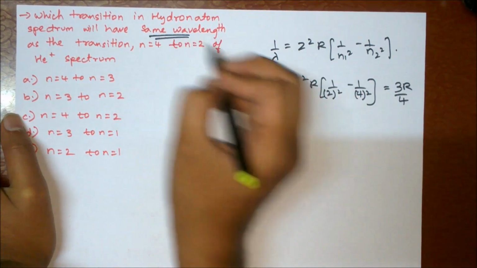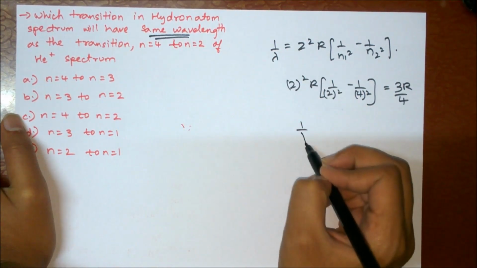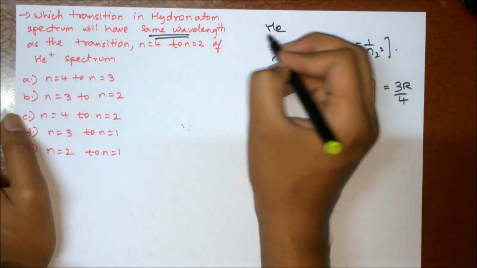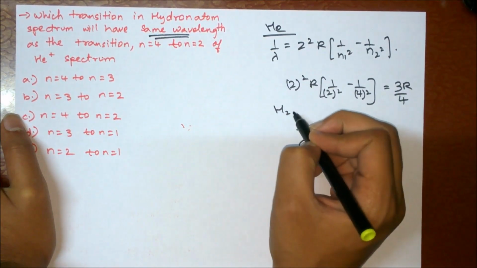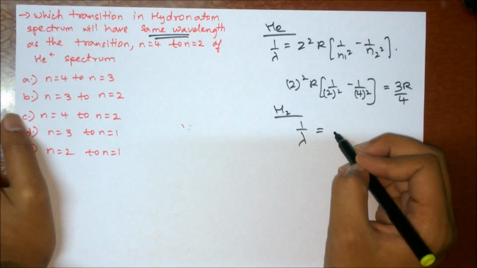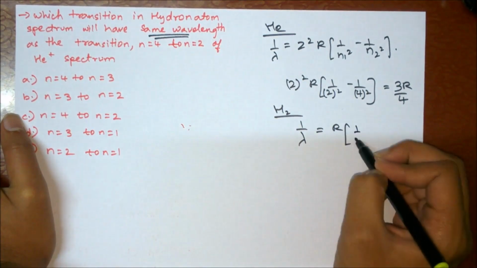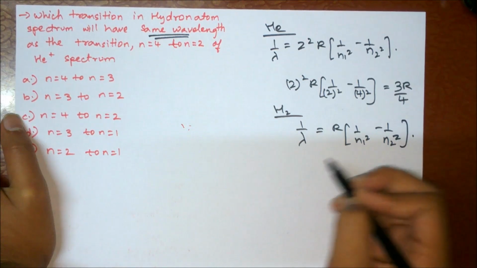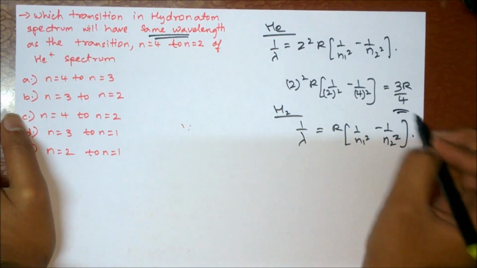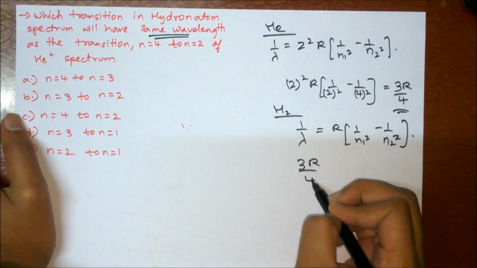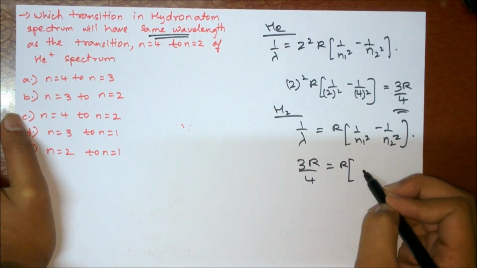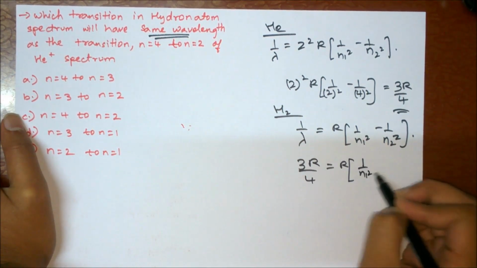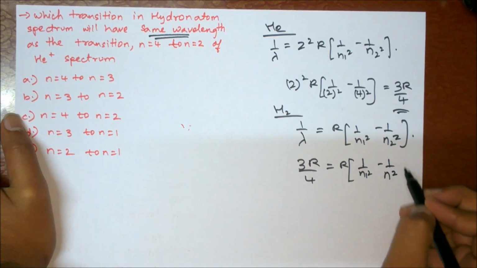As the wavelength is same, so we can substitute for hydrogen atom. This is for helium. Now for hydrogen, 1 upon lambda is equal to R times 1 upon n1 square minus 1 upon n2 square, which is the basic formula. Substituting 1 upon lambda, so 3R by 4 is equal to R into 1 upon n1 square minus 1 upon n2 square.